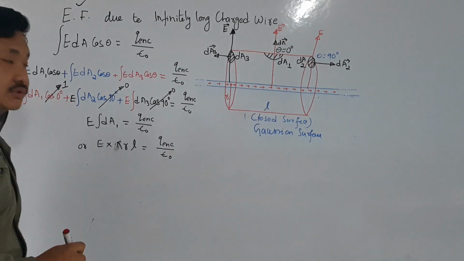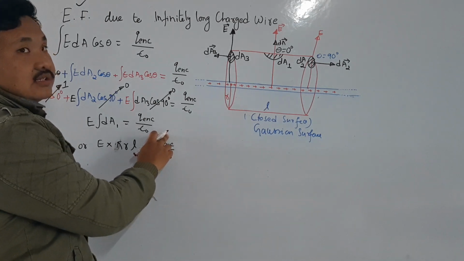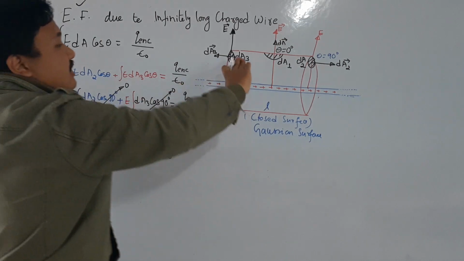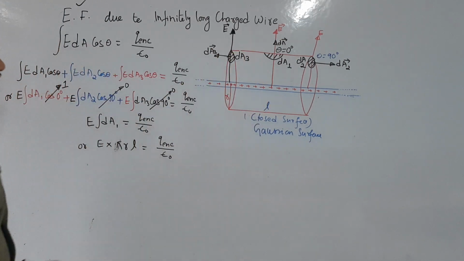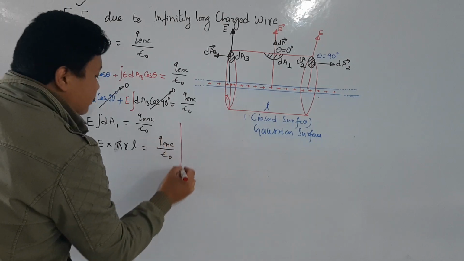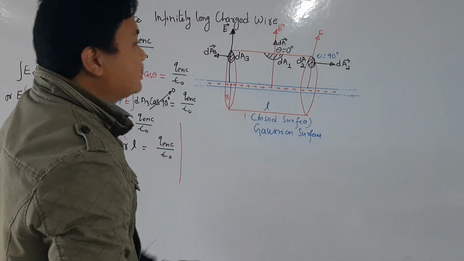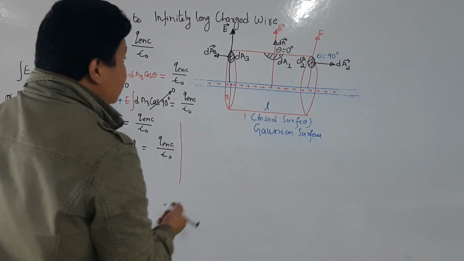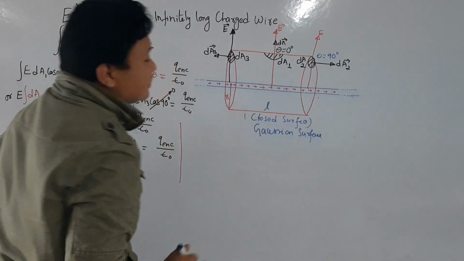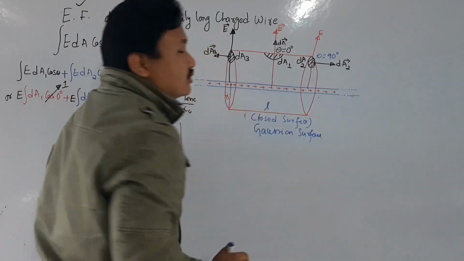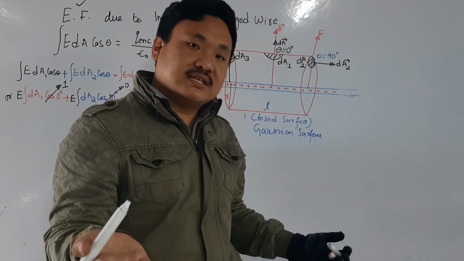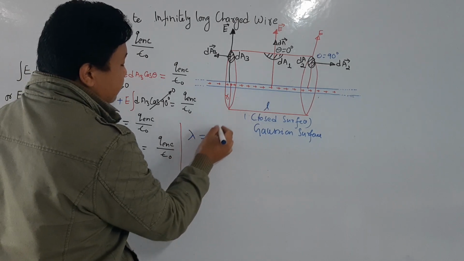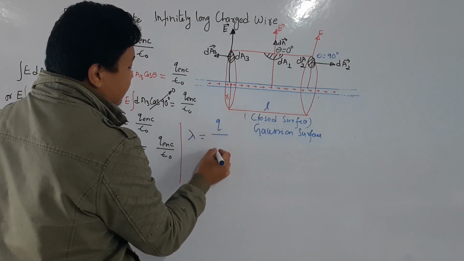Now, I want to eliminate this Q enclosed. Please remember the integration of dA is the curved surface area. I have already given the lecture on surface density, linear charge density, etc. This is a long wire, so it will have a linear charge density. Linear charge density lambda is equal to Q by length.